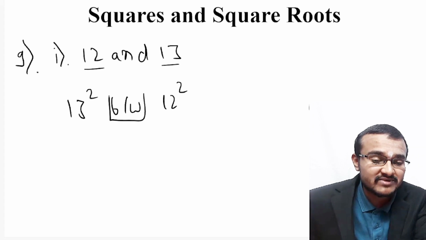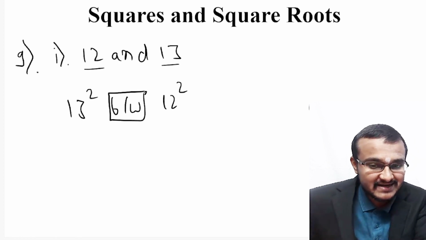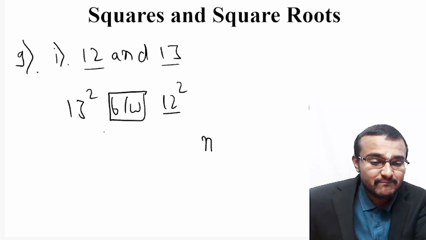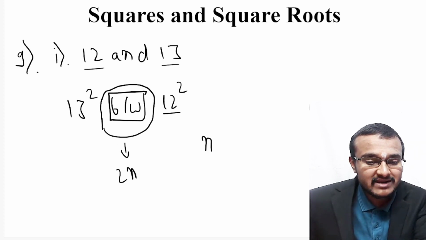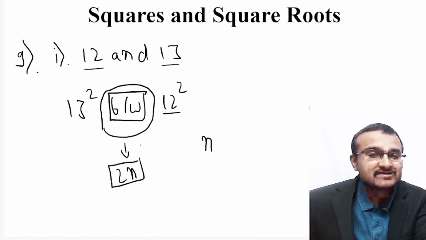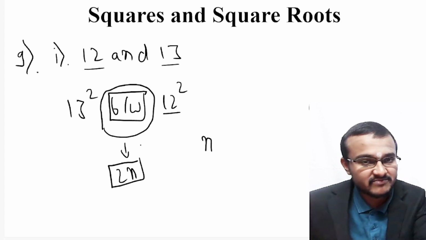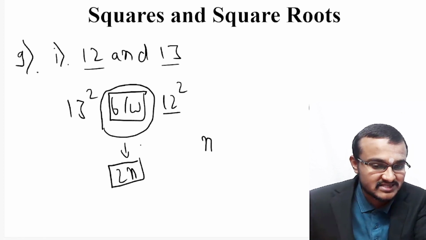If you refer to my previous video, I have explained one property. Here you should take the lower number as n, and the numbers between the lower number's square and the higher number's square will be equal to 2n. So this 2n thing you should remember. If you want an explanation for this, please refer to my previous video, which is part 1 of this chapter.